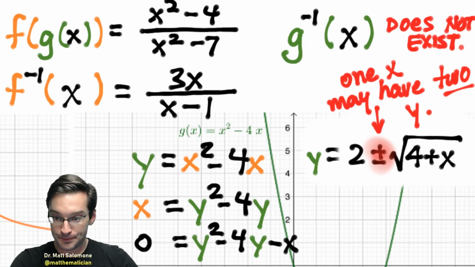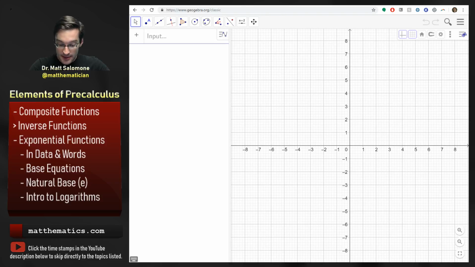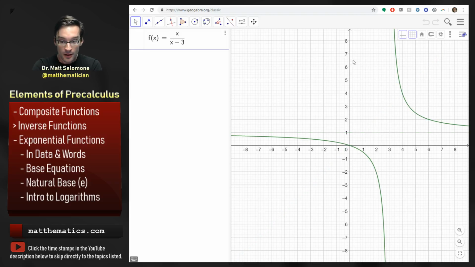First, let's take the function that we discovered was, in fact, invertible from our video before. That was f of x equals, let me get my formula back here for a second, f of x equals x over x minus 3. So that was this graph that we were looking at earlier.